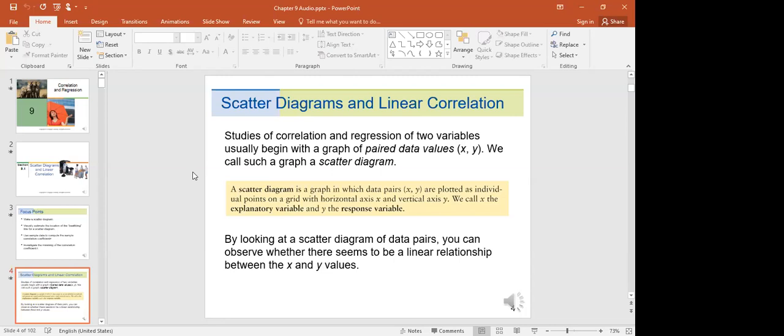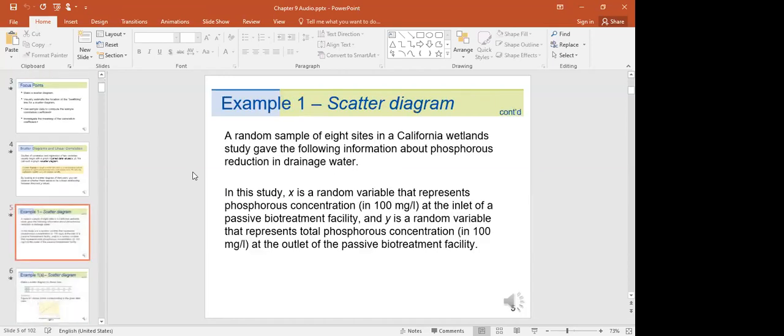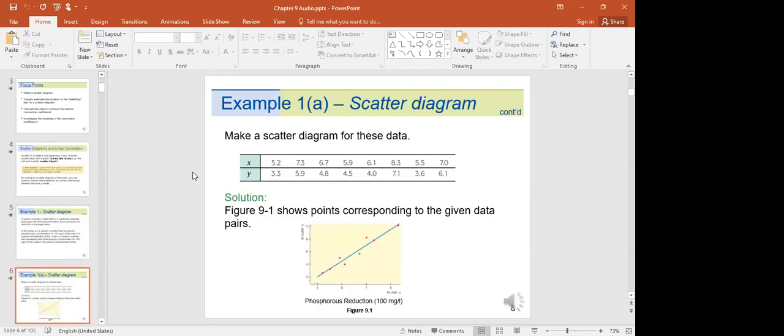To start with, we use what is called a scatter diagram. A scatter diagram is a display of the relationship from a sample that can help us to determine the possible nature, whether it is linear or nonlinear, or whether there is no relation at all between the variables. This is an example of a scatter diagram where we represent the value of X on the horizontal line and the value of Y on the vertical line.